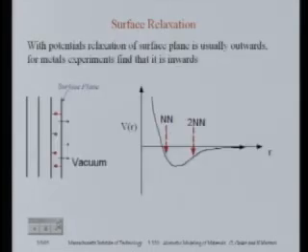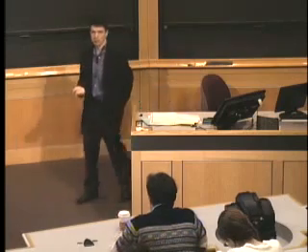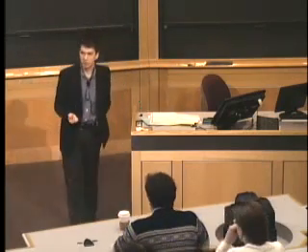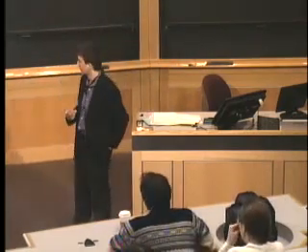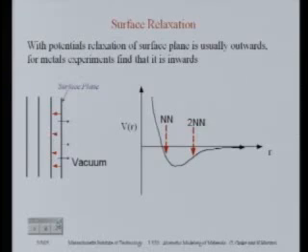Another critical piece of information was surface relaxation, which people had been seeing with LEED. If you look at a metal, typically if you create a surface, the difference between the first and the second layer becomes smaller. So in a metal, the first layer tends to relax inward. Okay?